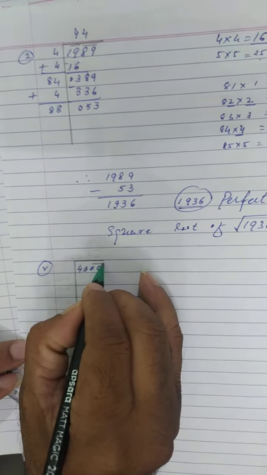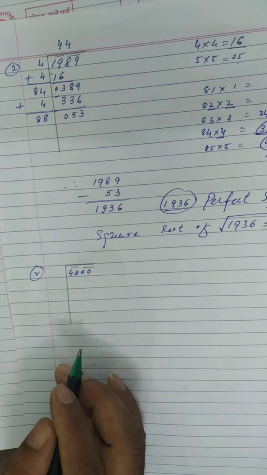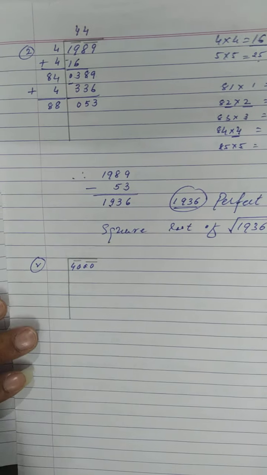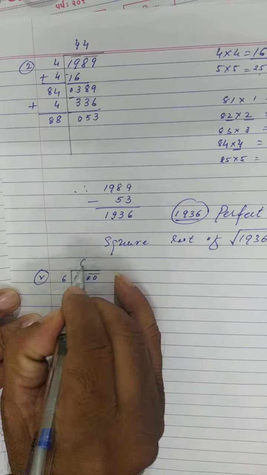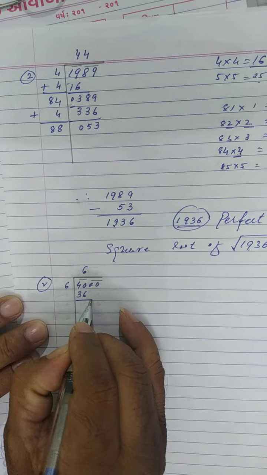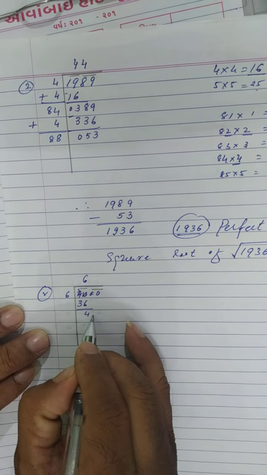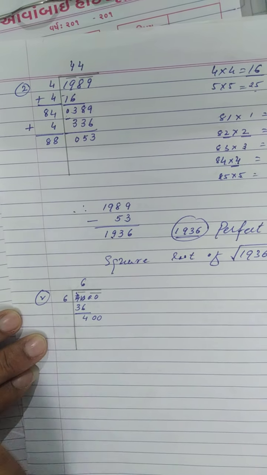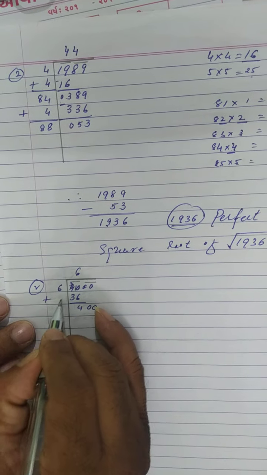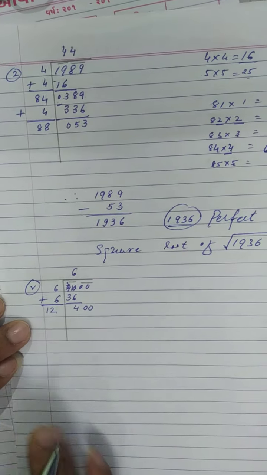Make pairs of two digits. 6 sixes are 36. So 40 minus 36 is 4, and bring down the new pair. 6 plus 6 is 12.